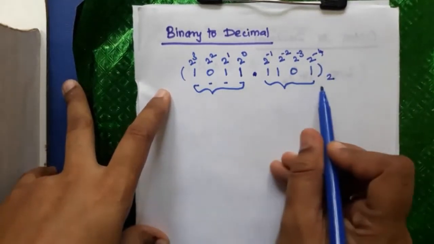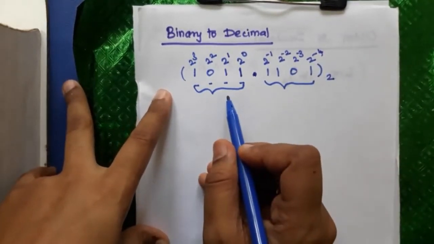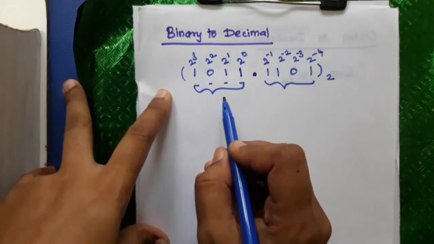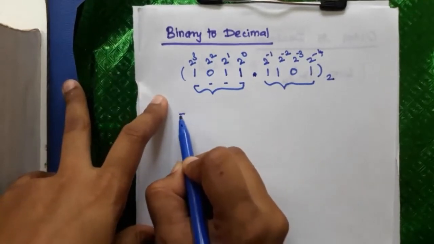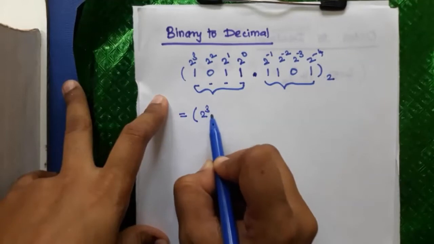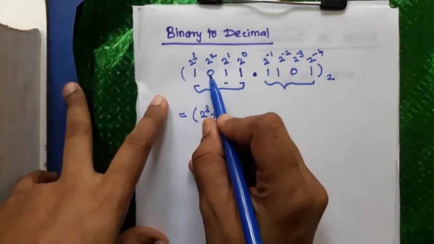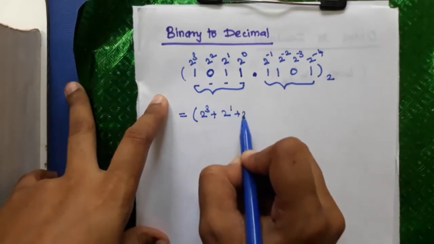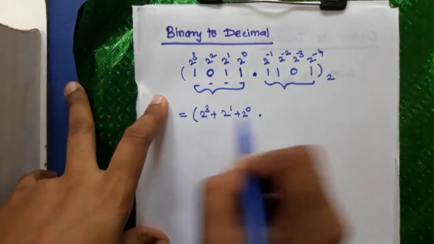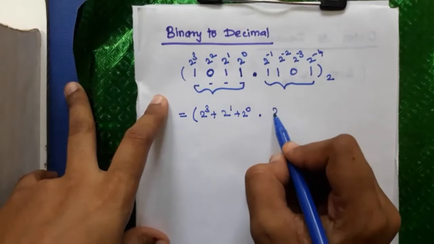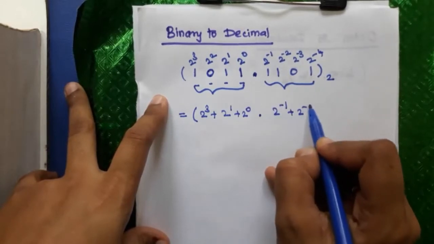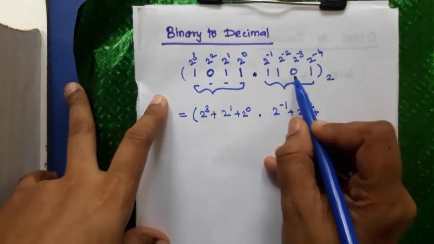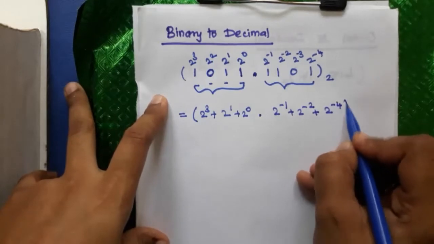By adding all the positional weights, I can get the decimal equivalent. So the answer is 2 power 3 plus, the value is 0, so I am leaving it, 2 power 1 plus 2 power 0 dot 2 power minus 1 plus 2 power minus 2 plus 0 plus 2 power minus 4.